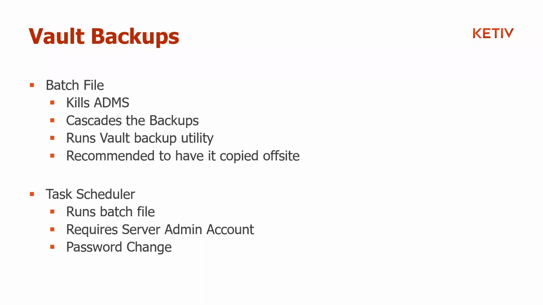So if you have an ADMS open and you try to run a backup in the background, it'll fail. It'll show up in a log file, but basically for that night, your backup failed. So what we want to do is add a line that kills the task or the process that is running for the ADMS, so that we eliminate that step.